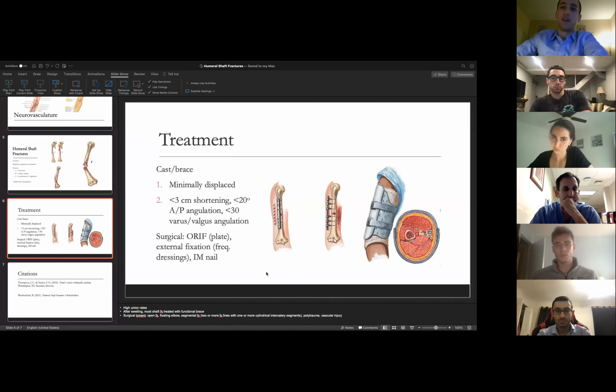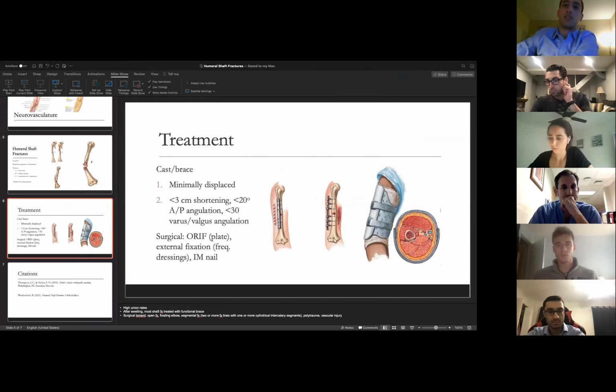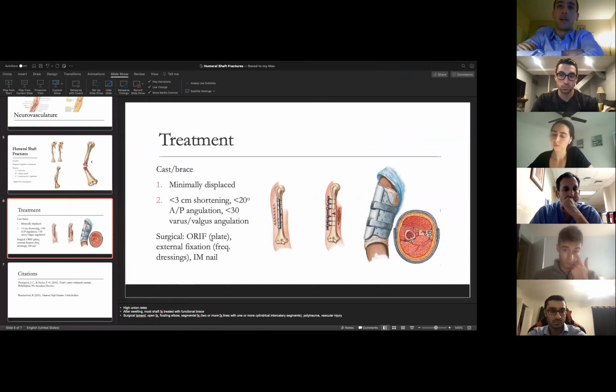And this less than 3 centimeters of shortening, less than 20 degrees of AP angulation, and less than 30 degrees of varus valgus was from a paper in 1967 that was underpowered and came to very questionable conclusions, but it's still, 50 years later, the most quoted guidelines for how to treat humeral shaft fractures. So it's always important to take things with a grain of salt, even if it might be dogma in our practice.